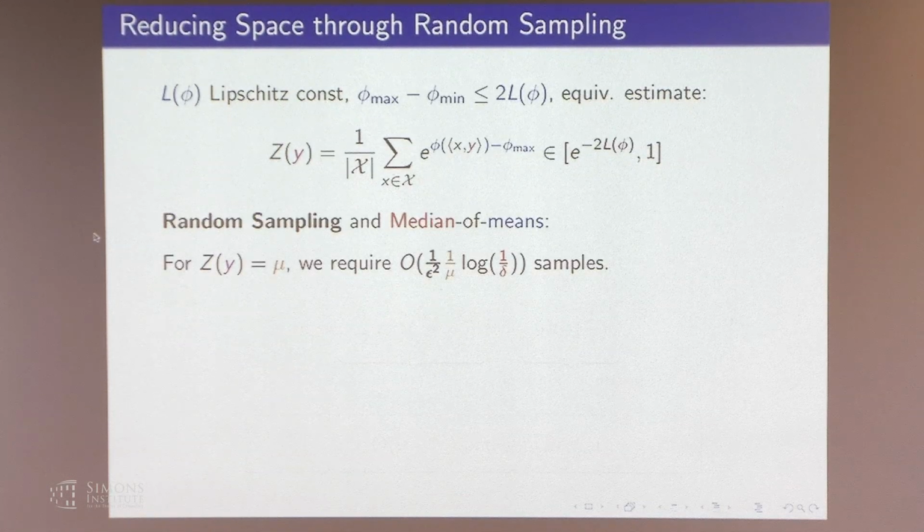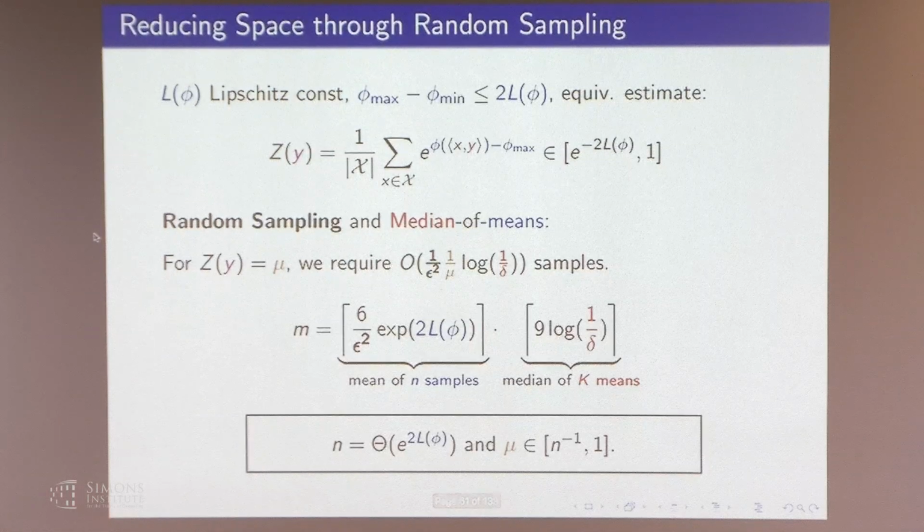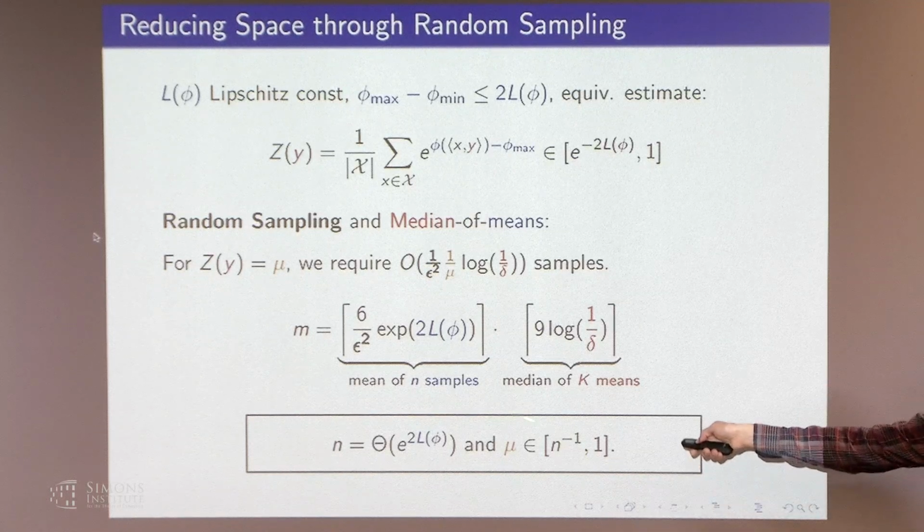Now, if our data set is very large, because all of our values are in this range, we could just randomly sample the data set and pretend that we're computing everything on this random sample. So what I'm trying to say is that the effective n, the effective size of the data set, is actually e to the power of twice the Lipschitz constant. If our data set was much larger than that, we could always sample down and bring it down to this size.